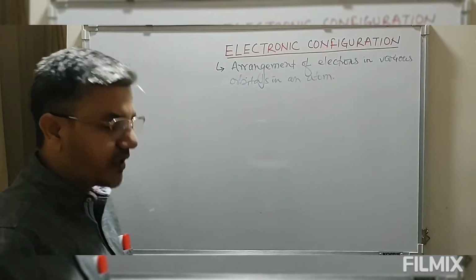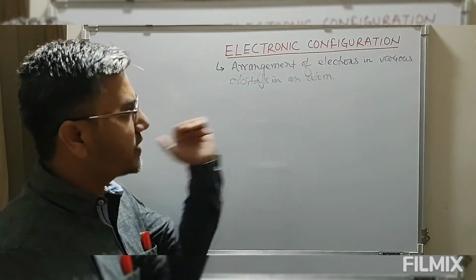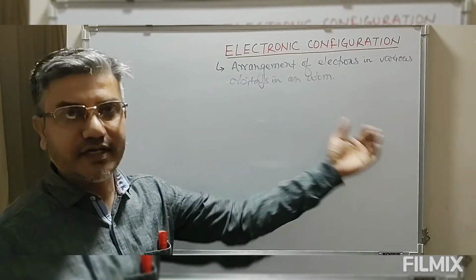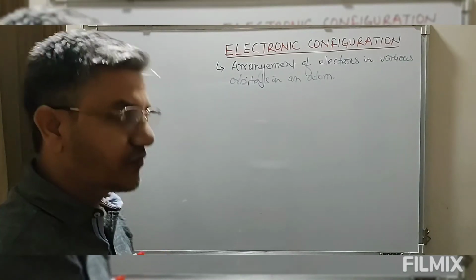So in an atom we have a number of orbitals. So in these various orbitals we are going to place electrons. How electrons are to be placed in various orbitals, that is what we call as electronic configuration.